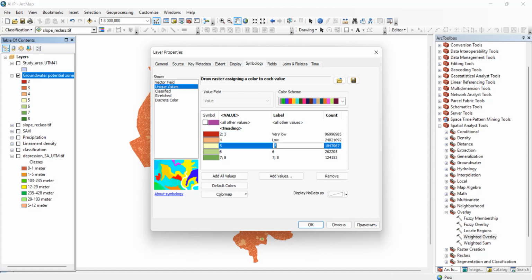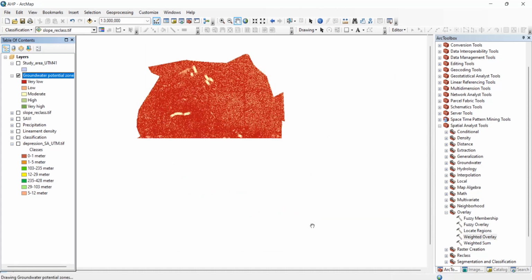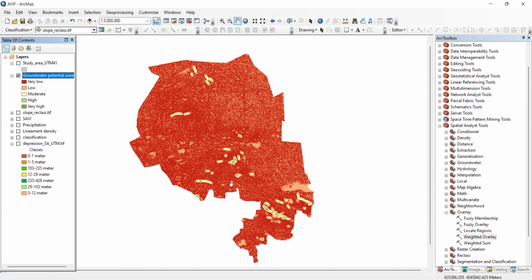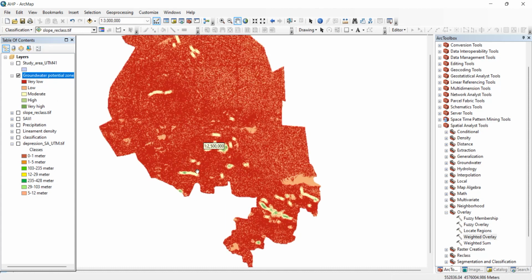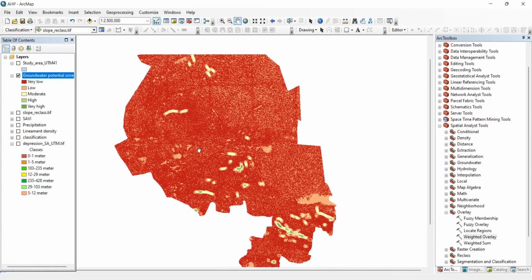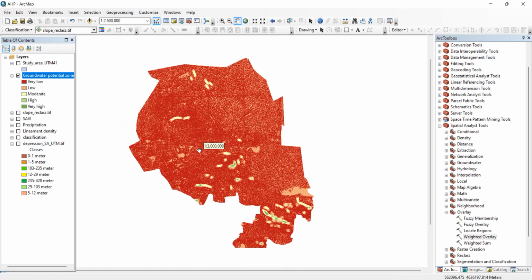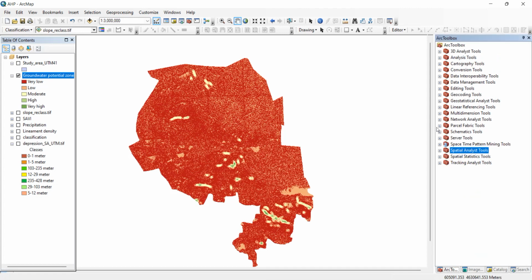This will be moderate probability, high, and very high. Let's click OK, and now our map is more visually distinguishable.